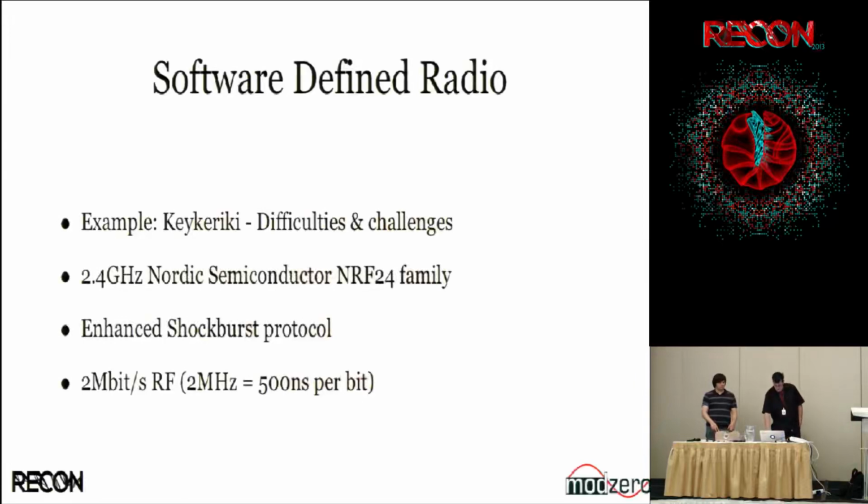So the example here is I analyze and I try to hack these Nordic semiconductor radios. They have a protocol and they call it Enhanced ShockBurst. And the background is that transmitter and receiver need to know something like a MAC address.